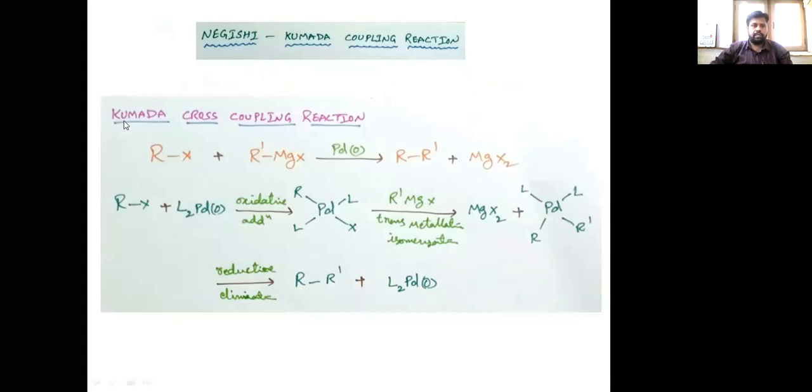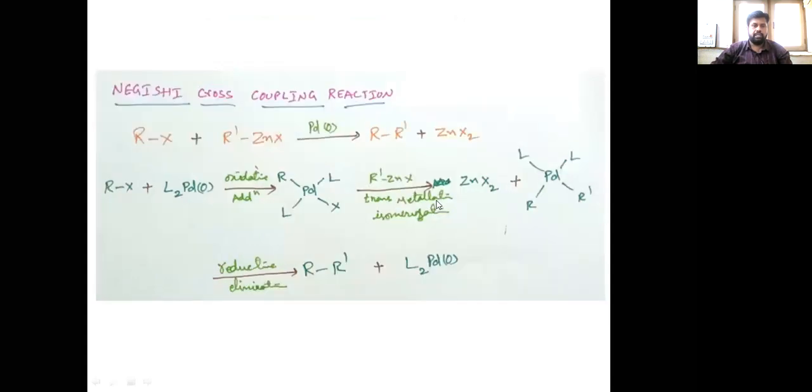In the Negishi-Kumada coupling reactions, the first one is the Kumada cross coupling reaction. In this, alkyl magnesium halides will be used, so the alkyl group from the alkyl magnesium halide will be coupled with our alkyl halide. If alkyl magnesium halide is used, that is called the Kumada cross coupling reaction. If we use alkyl zinc halides, then that is called the Negishi cross coupling reaction.